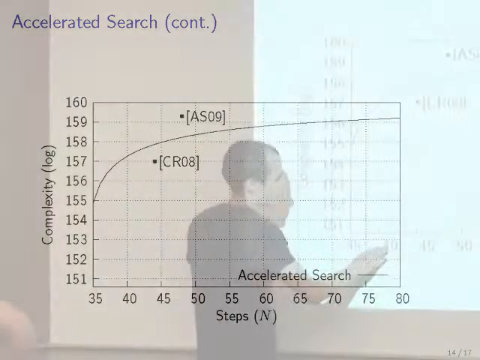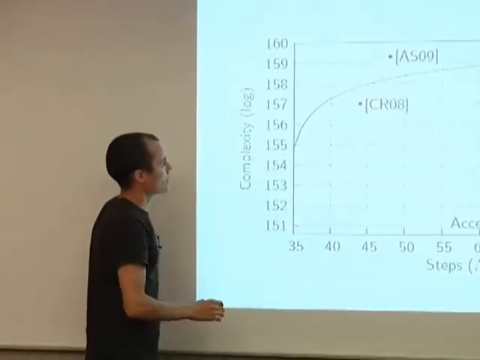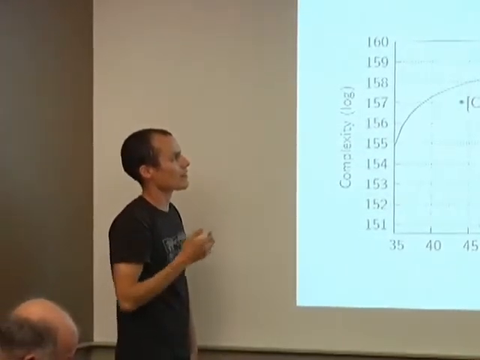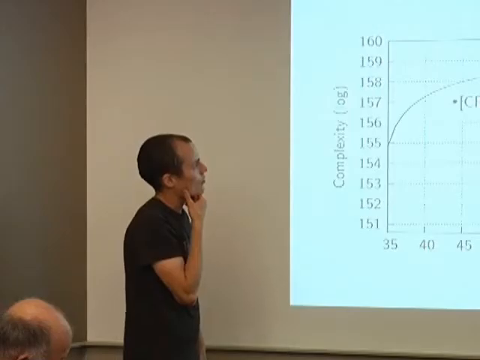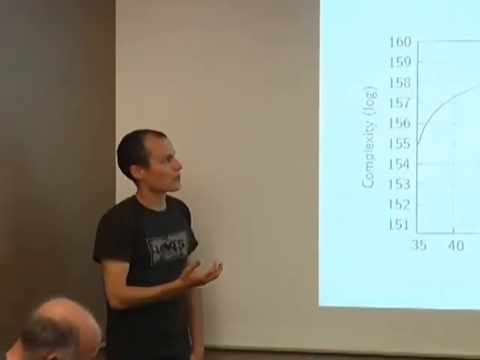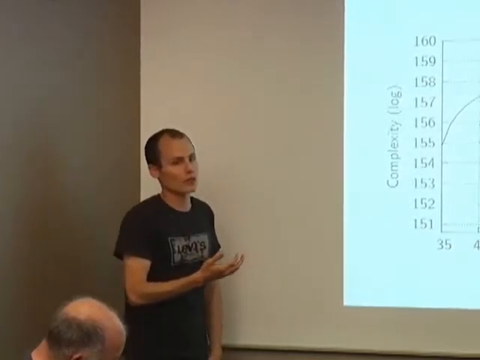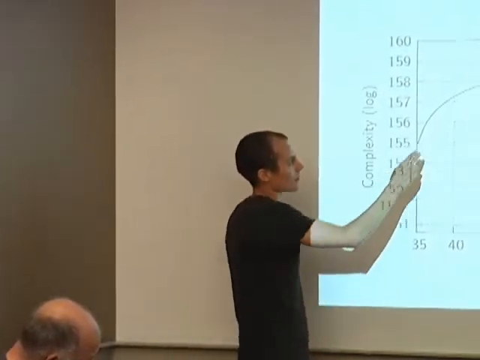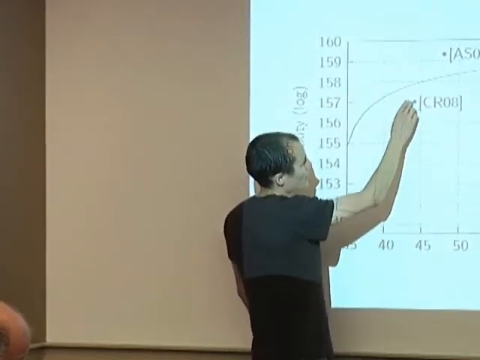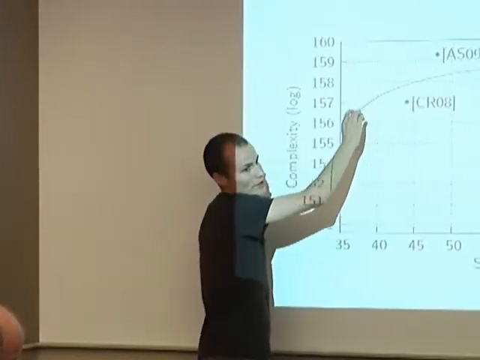What we see here is the number of steps of SHA-1, and here you see logarithmic complexity with this accelerated search. And here, these are the two results from Crypto 09 and Crypto 08. This is the De Cannière-Rechberger result for 44 steps. It is faster than this accelerated search.